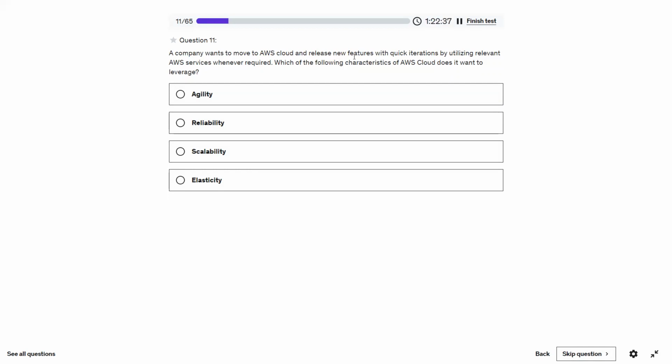We want to release new features with quick iterations. So which characteristic comes under this? If we know the meanings, we can easily understand. Scalability, we already know, is when we need to scale our system. But in this case, we are not talking about scaling. We are just deploying, but very quickly.